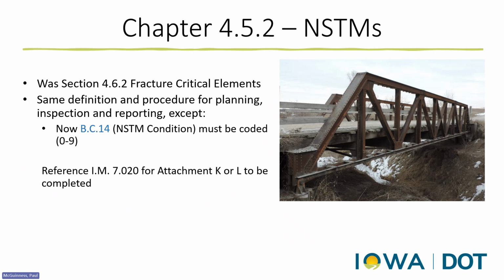Sometimes it's obvious, but the manual currently has bullets that indicate whether you should consider it based on the spacing of the floor beams, how it's connected to the truss or the main girders, or even stringer connections to the floor beam. But this is being reworked by FHWA. They're going to provide clarification to all states to make it more formulaic on how to determine and agree, nationwide, not just within each state, what is an NSTM floor beam and what isn't. And there are a lot of studies on redundancy too that are probably going to be involved in that decision.